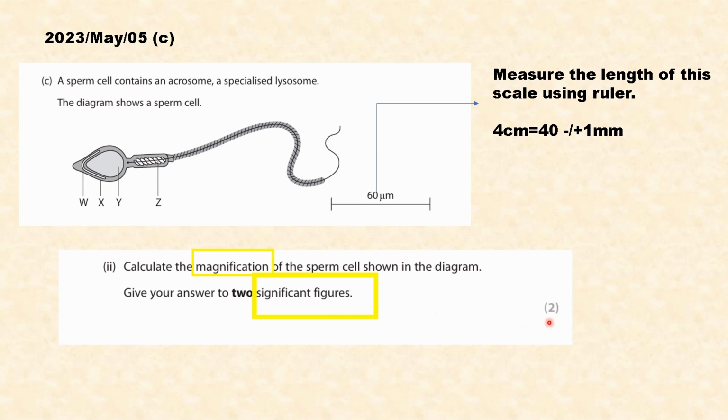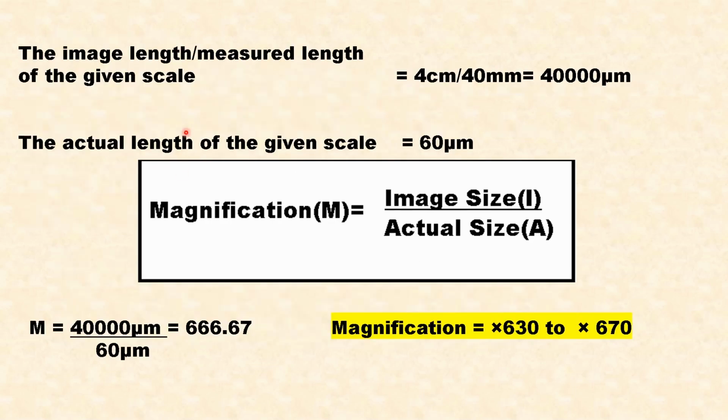As usual, we'll start by measuring the length of the scale bar using a ruler. The measurement is about 4 centimeters, which is equal to 40 millimeters, with a possible variation of plus or minus 1 millimeter. Next, we'll convert the image length into micrometers.